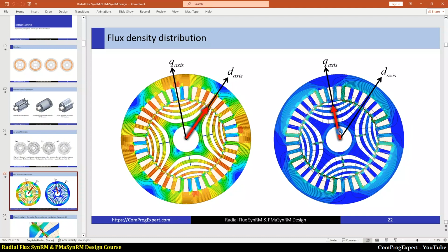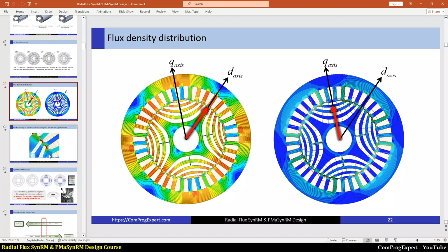And in this case, we set the current angle equal to 90 electric degrees, and flux lines are perpendicular to the flux barrier layers, and we have the maximum reluctance path here.